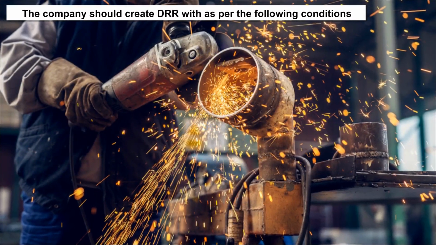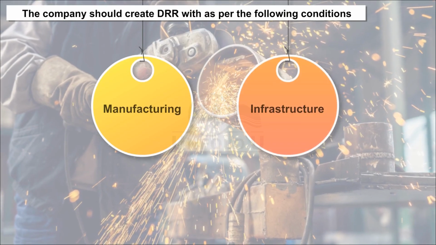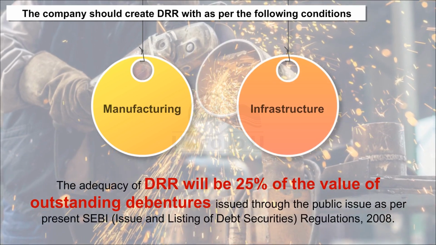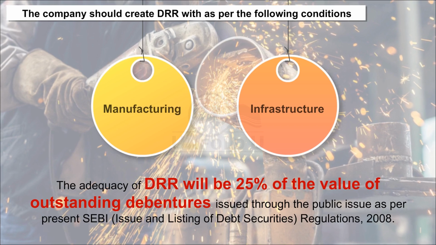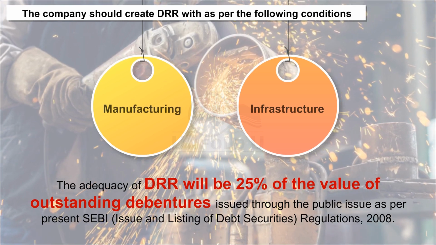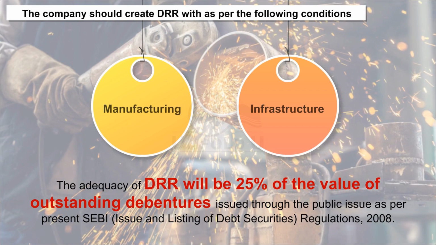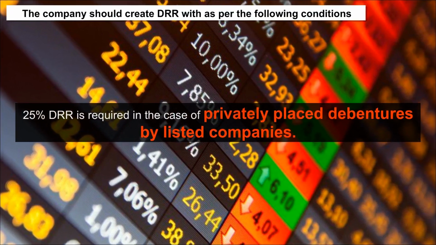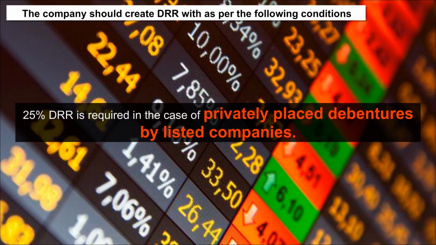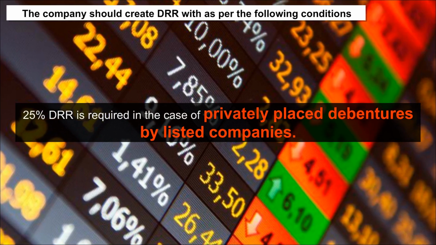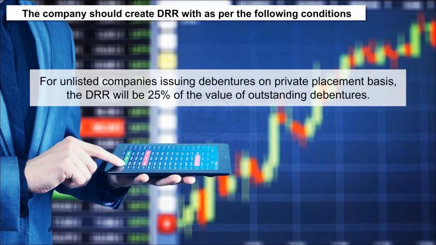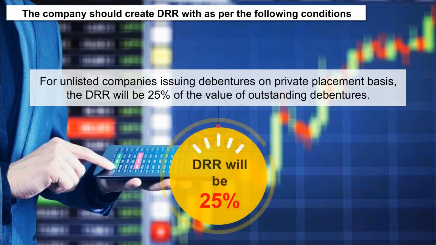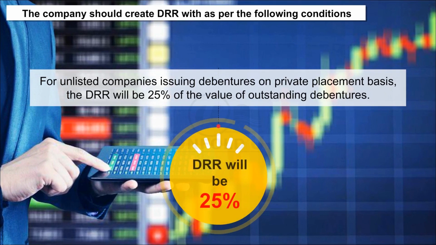For other companies including manufacturing and infrastructure companies, the adequacy of DRR will be 25% of the value of outstanding debentures issued through the public issue as per the SEBI Issue and Listing of Debt Securities Regulations 2008. 4. 25% DRR is required in the case of privately placed debentures by listed companies. For unlisted companies issuing debentures on private placement basis, the DRR will be 25% of the value of outstanding debentures.